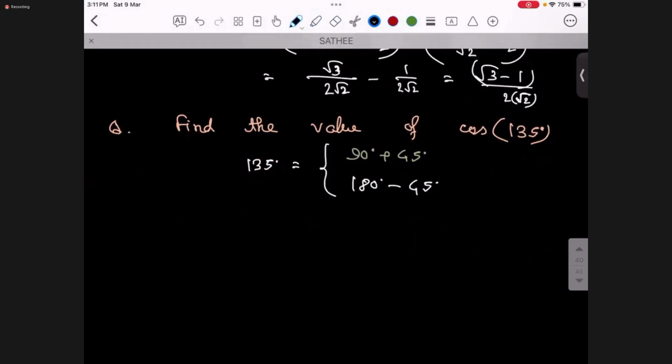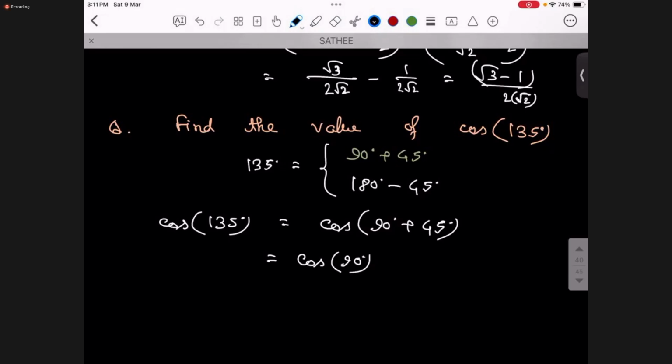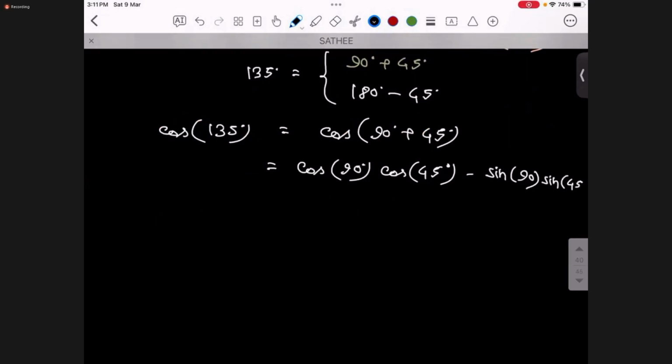So let us do cos 135 degree. This is equal to cos 90 degree plus 45 degree. Now use the formula for cos x plus y. What will we get? Cos 90 cos 45 minus sin 90 sin 45. Here it will be degrees, maybe I have missed it in some places.